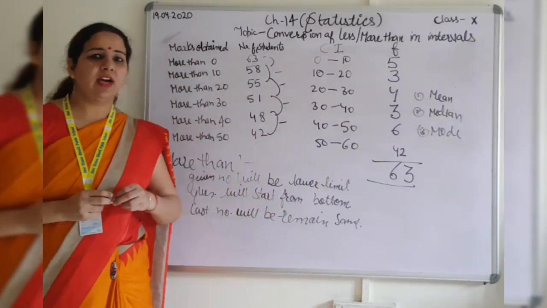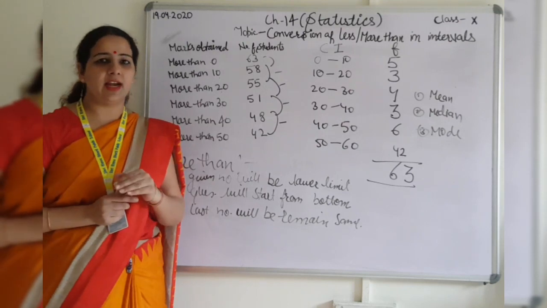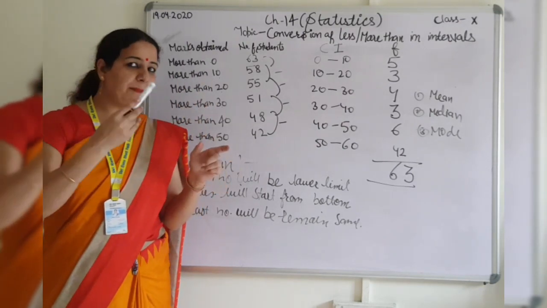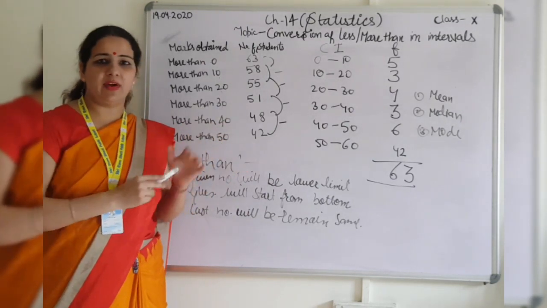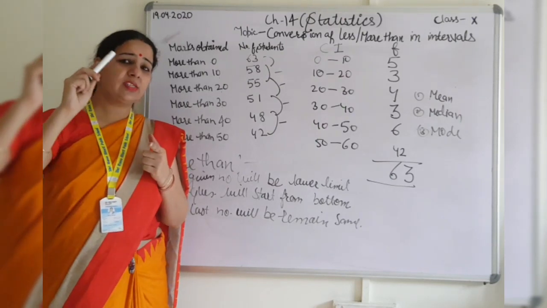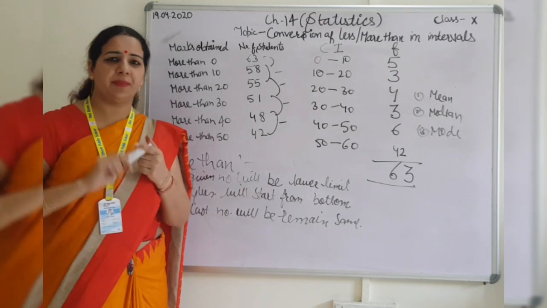So today we have learnt how to convert less than and more than into intervals. In less than, the given number will be the upper limit and we can arrange the lower limits accordingly. The question will start at the top. The first number will remain the same. Then subtract, subtract and subtract.